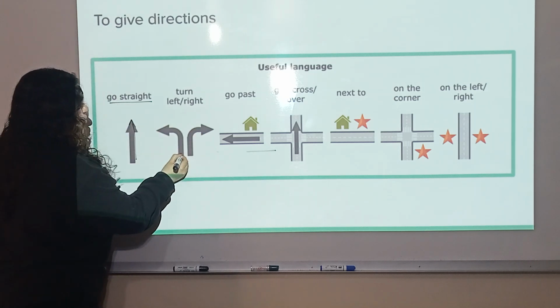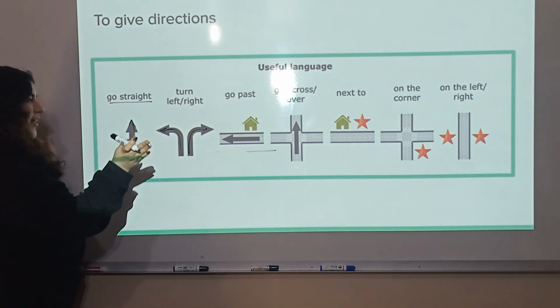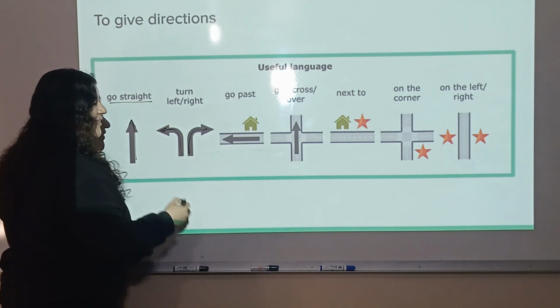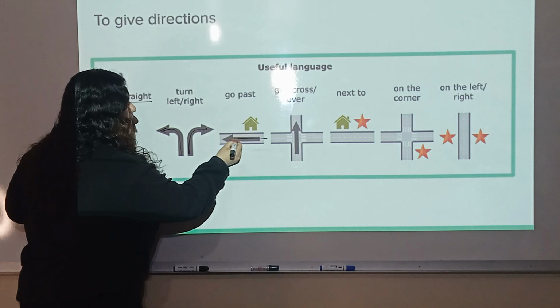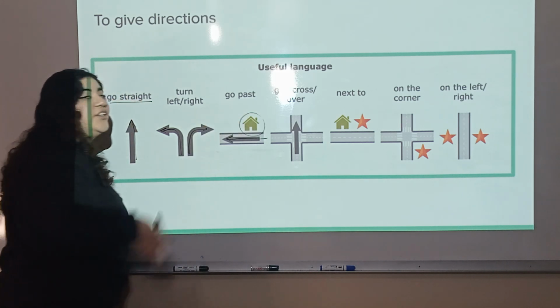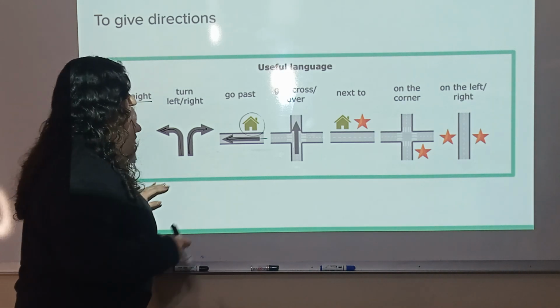Then we have turn left or turn right when I need you to change directions. The next one that we have is go past. It means that you're going to continue in a direction, but you're going to use a reference on the way. You're not going to get there, but you're going to see it on your way there.